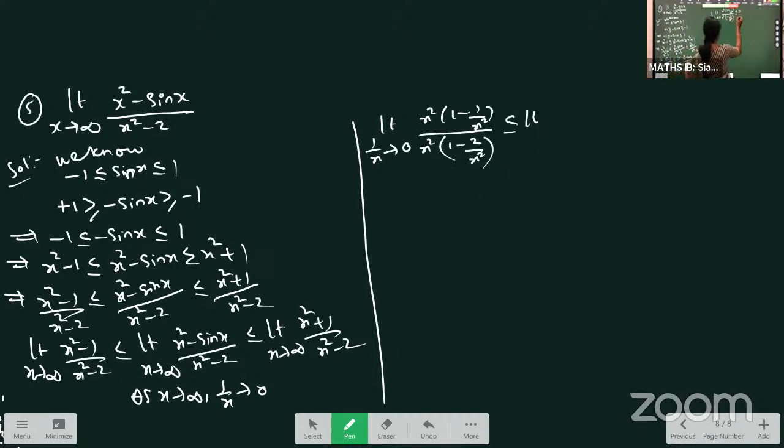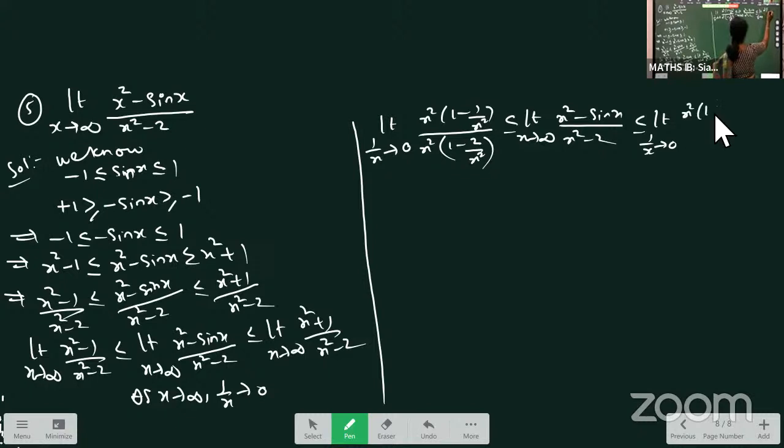Limit x tends to infinity, (x square minus sin x) by (x square minus 2). Again in the last term, limit x tends to infinity means 1 by x tends to 0. Take x square common: 1 plus 1 by x square, and in the denominator take x square common: 1 minus 2 by x square.